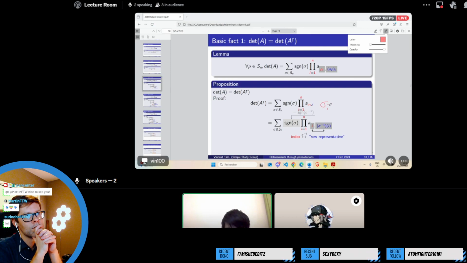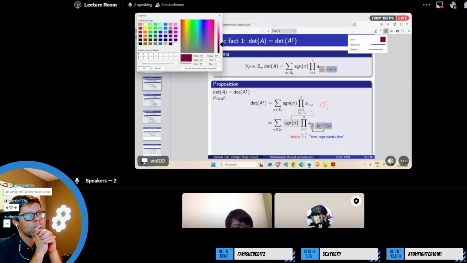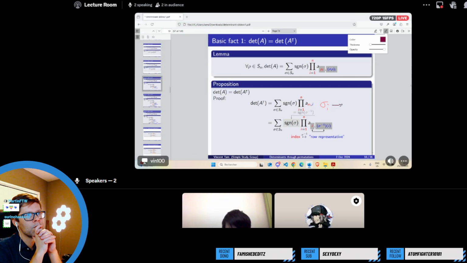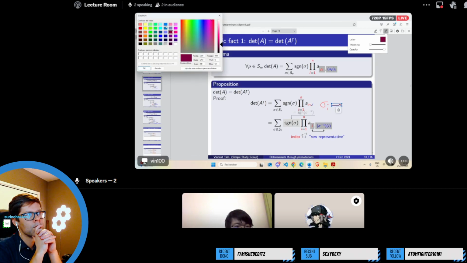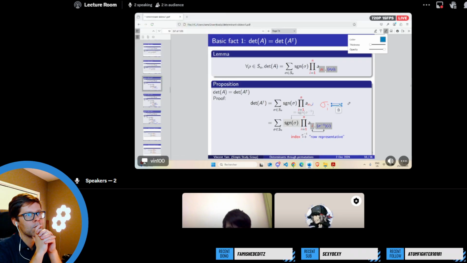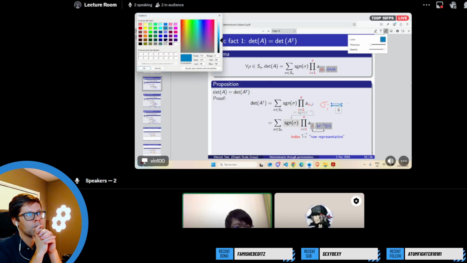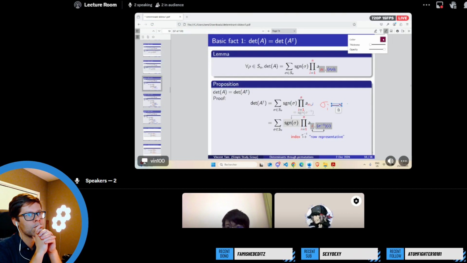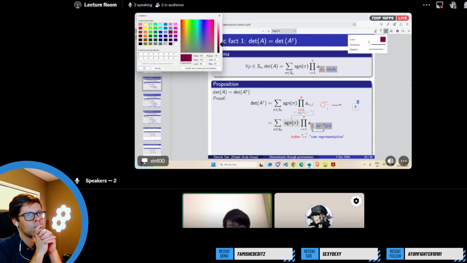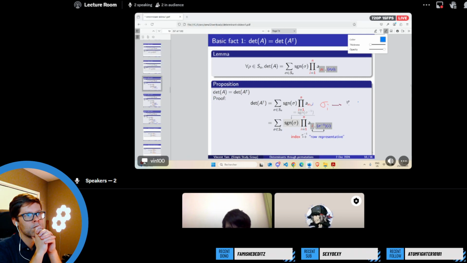Here we have from sigma I to blue index I. Here, let me make this one black. And then we have blue I here.